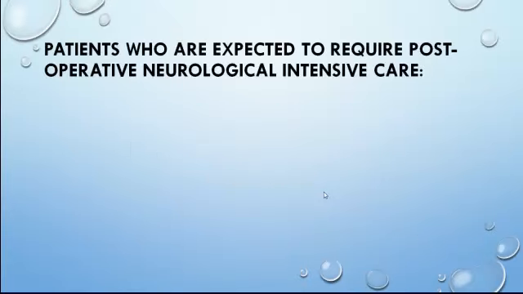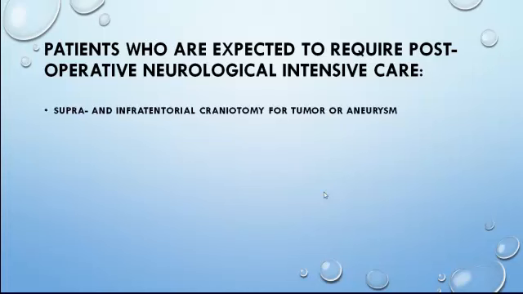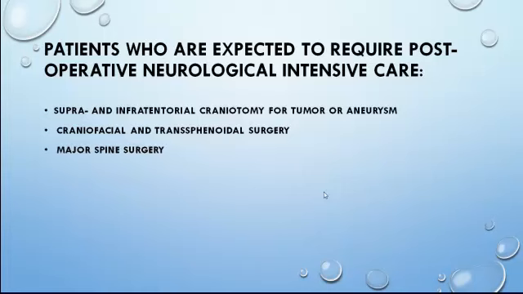Now, which patients should be admitted to the intensive care unit after a neurosurgery? Supra and infratentorial craniotomy for tumors or aneurysm. Patients who have done craniofacial and transsphenoidal surgeries, major spinal surgeries, or patients who have done carotid artery surgeries.